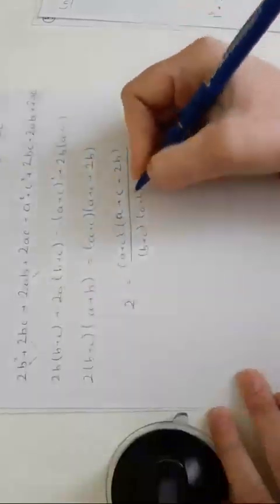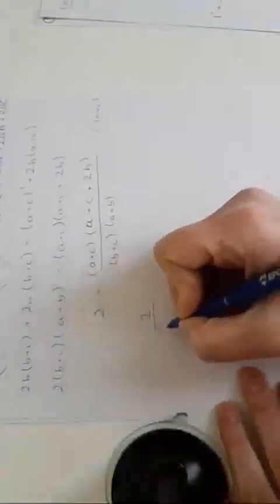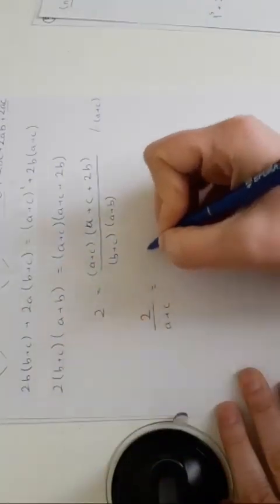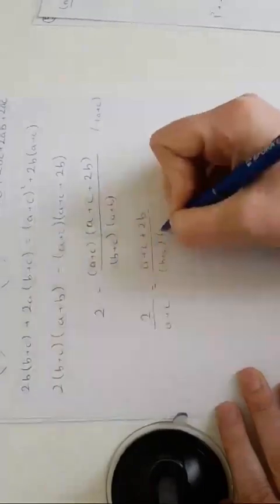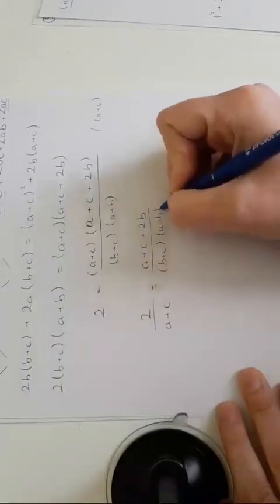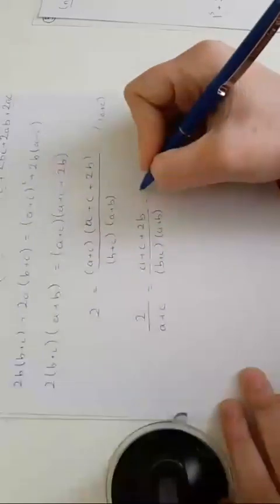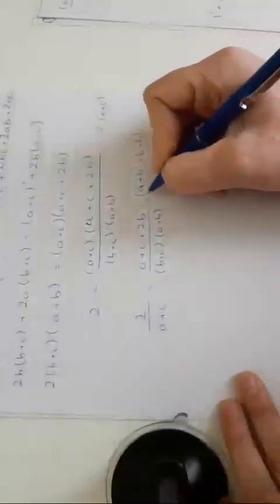I will divide one more time by a plus c, so it will become 2 over a plus c is equal to a plus c plus 2b times a plus b. The right hand side of the equation, if I write this way, a plus b plus c plus b, it is okay, I think.